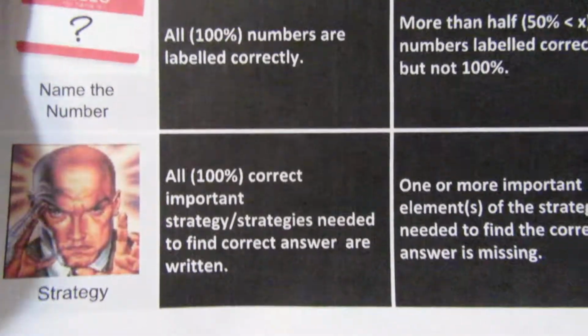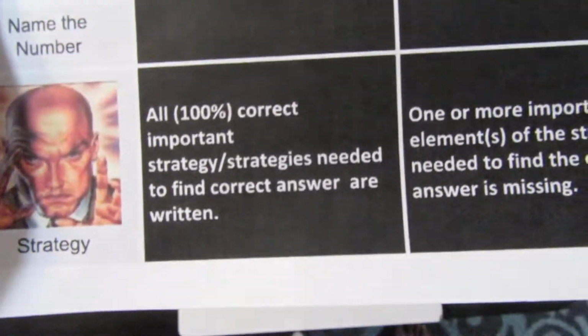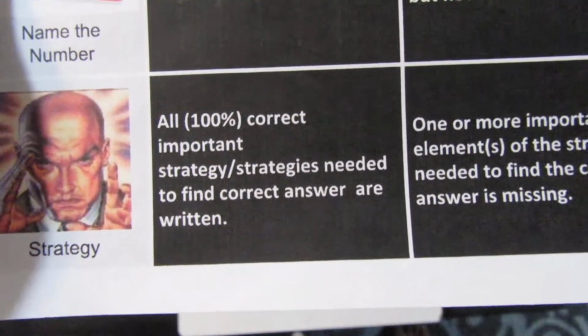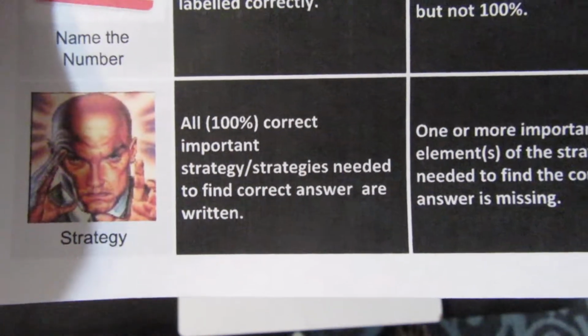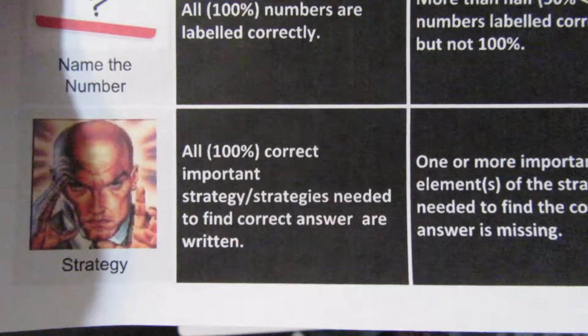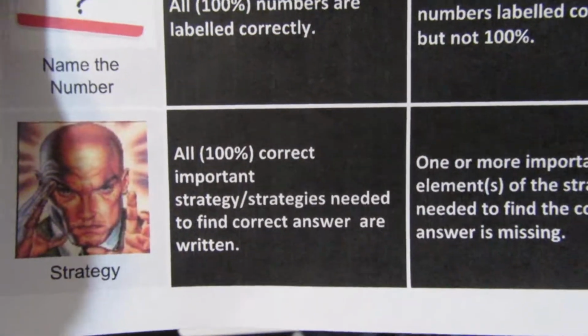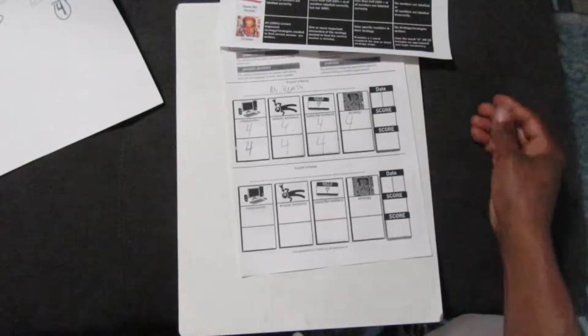Let's talk about the expert strategy. What the expert does, they write down 100% all of the correct important strategies needed to find the correct answer. So they have them all written down, every single strategy, and correctly. Let's take a look at the strategy that this student used.